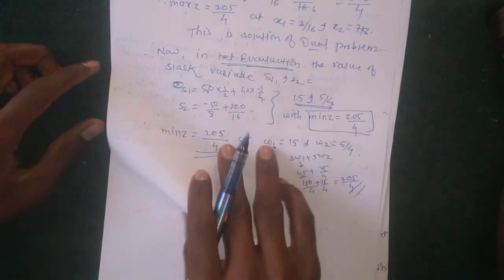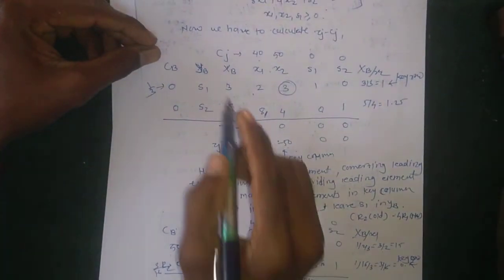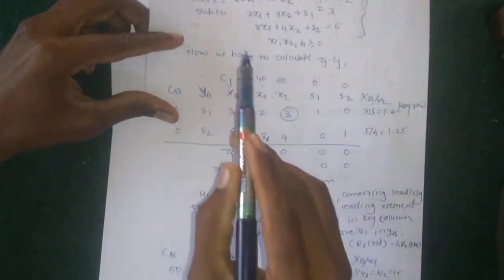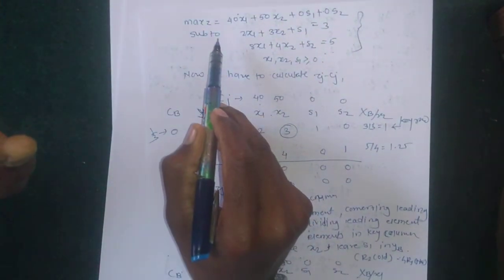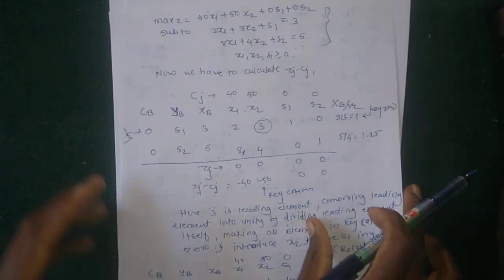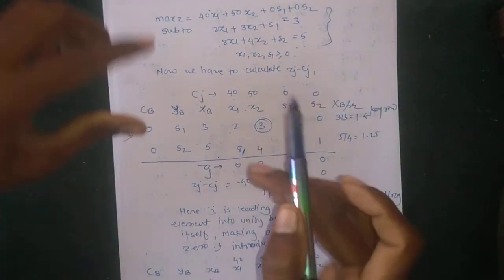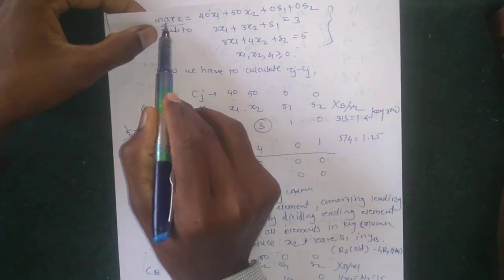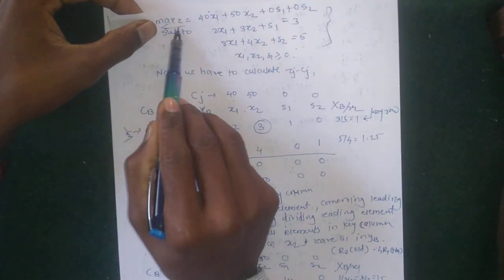If given that the primal problem is maximized type, then its dual must be minimized type.